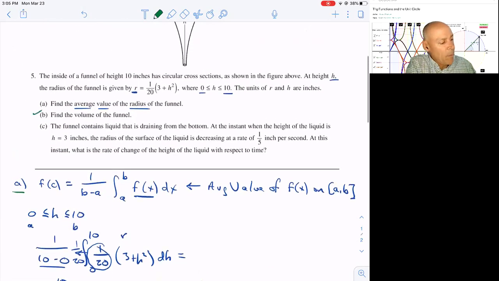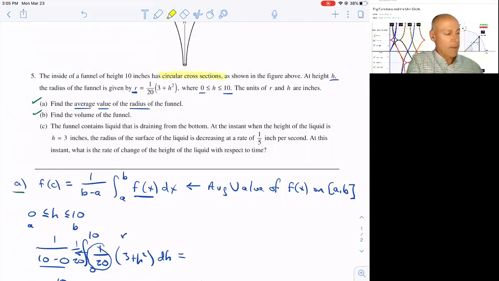And now we want to find the volume of the funnel. All right, well, they told us that the inside of our funnel of height 10 inches has circular cross sections.